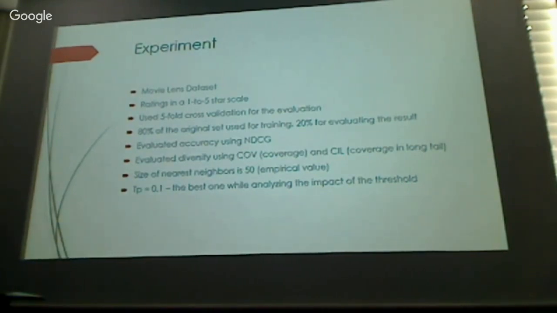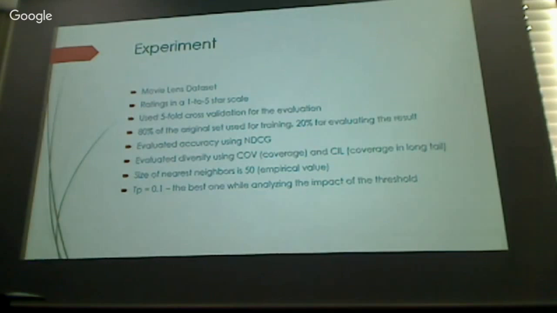As you can remember, in how the recommender system works, they have this similarity function of the users. So using the similarity function, they select a certain number of neighbors which are similar to the user, and then using their ratings, they can predict the user's rating for a movie that the user has not seen yet.